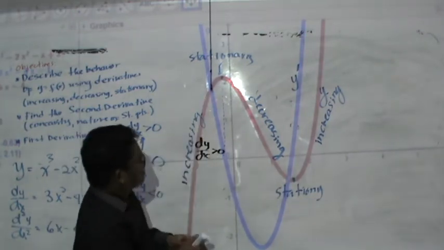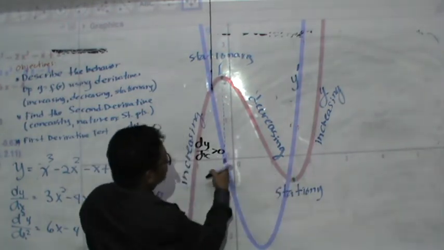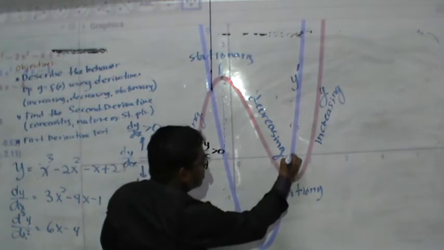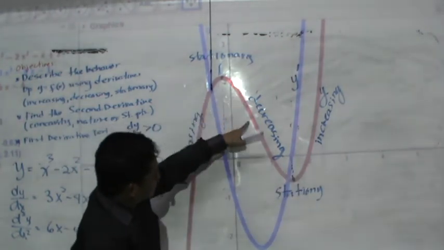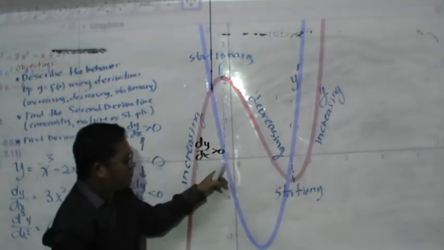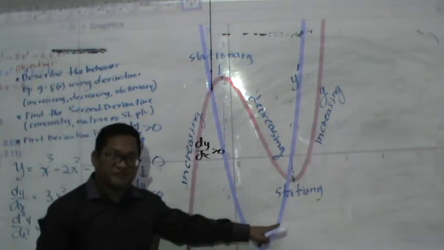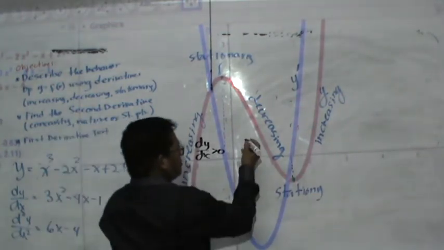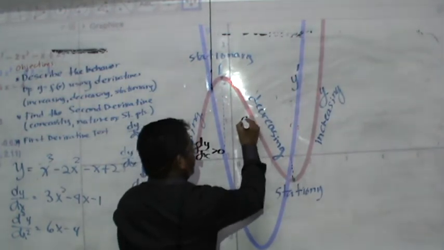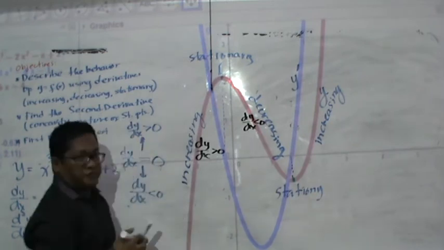However, when you look at this part up to this part here, because it is decreasing at that portion, when you look at the values of y, this blue part here is actually negative. Or the dy/dx there is actually negative. So in this part where it is decreasing, the dy/dx is less than 0.